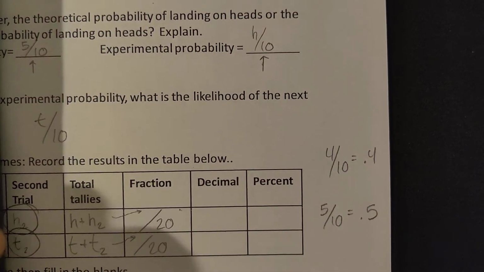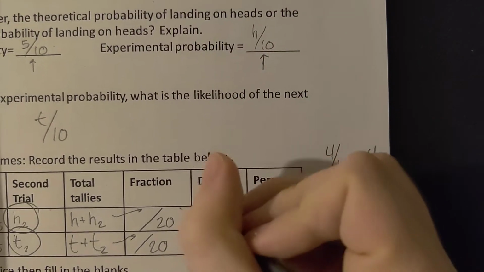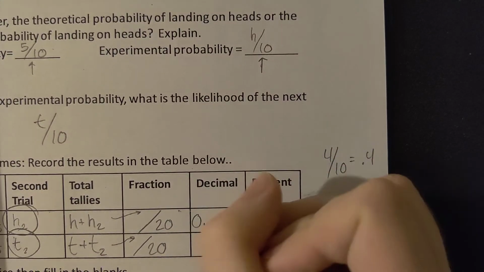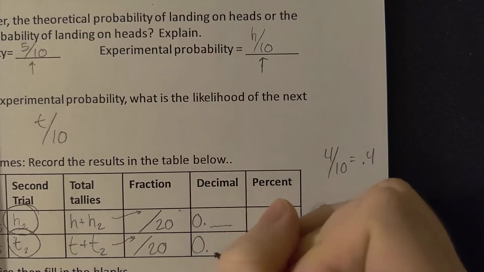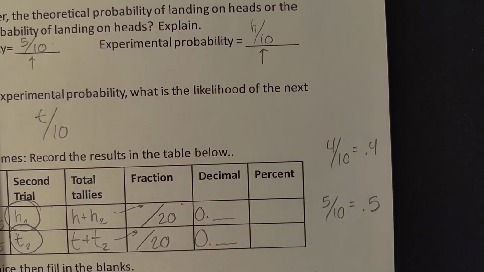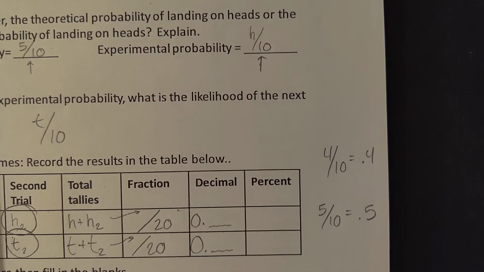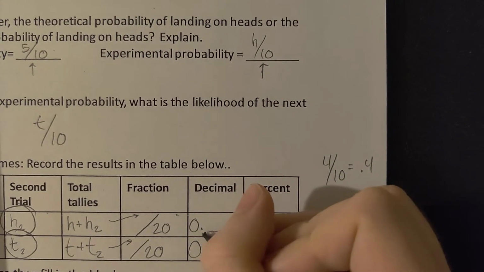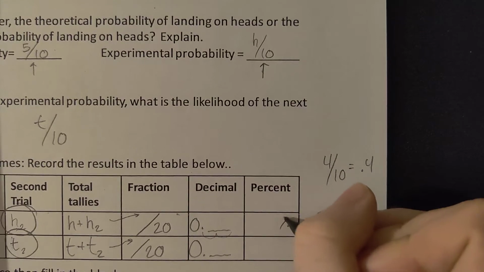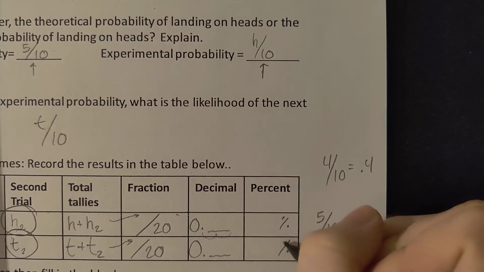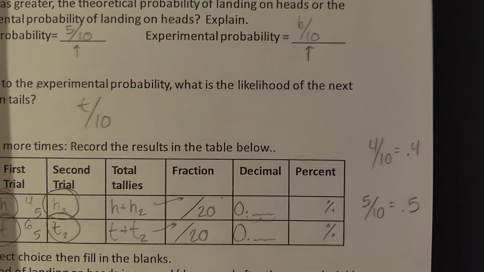So find your decimal, 0. something. And then you're going to take that number and move it over 2 decimal places and you'll get some percentage. I want you to do that on your own.